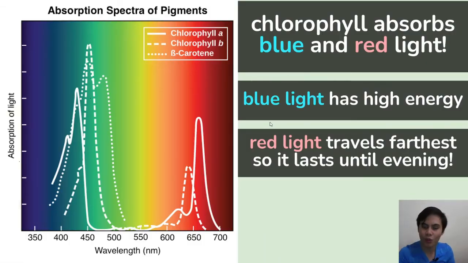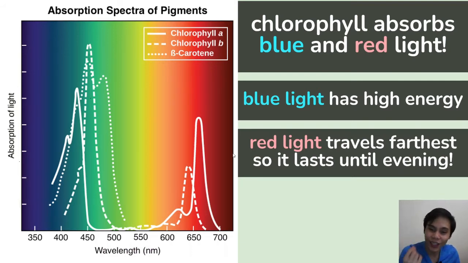So this is an absorption spectrum diagram, meaning it shows you how much chlorophyll absorbs a certain wavelength of light. You can see it absorbs mostly in the wavelengths that are near blue and near red. The reason for that is, again, short wavelength or near blue light has high energy, while red light, the long wavelengths of light, will travel the farthest throughout the Earth's atmosphere.